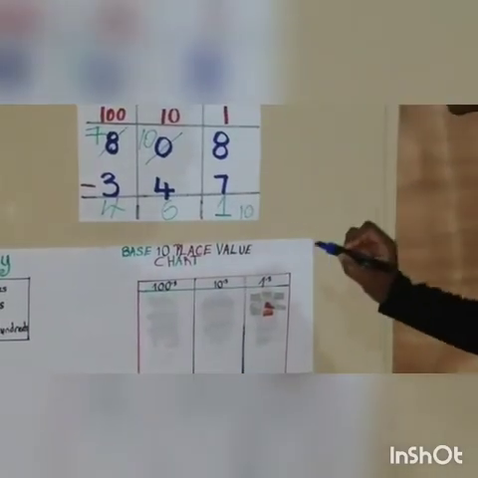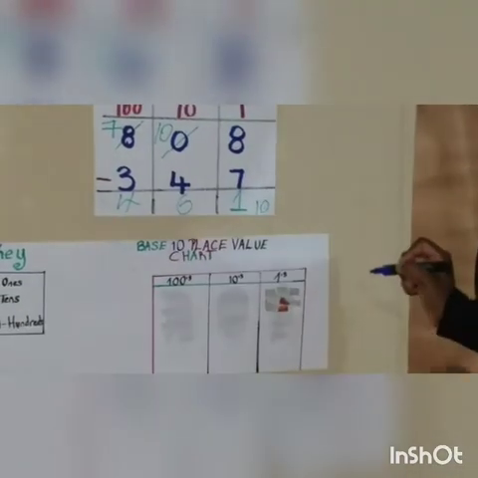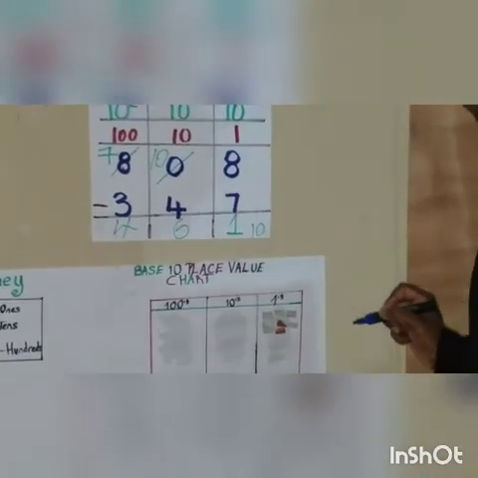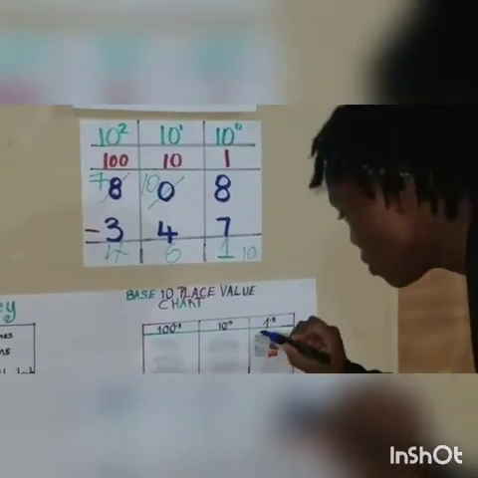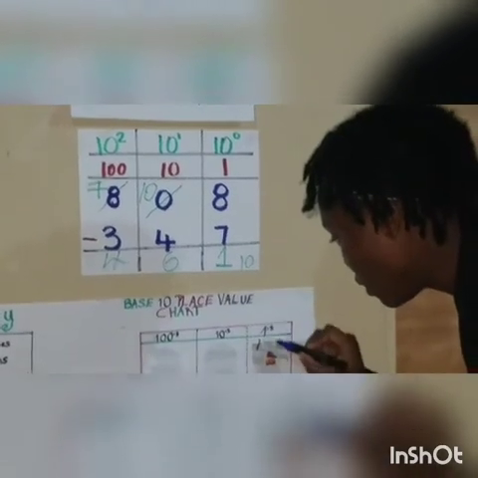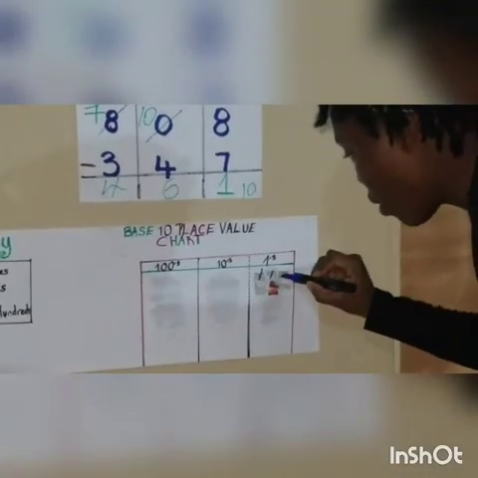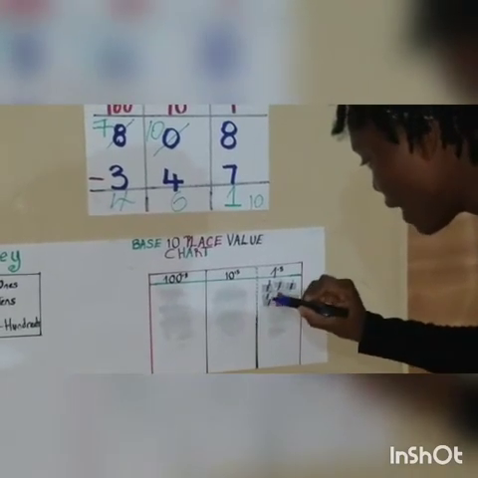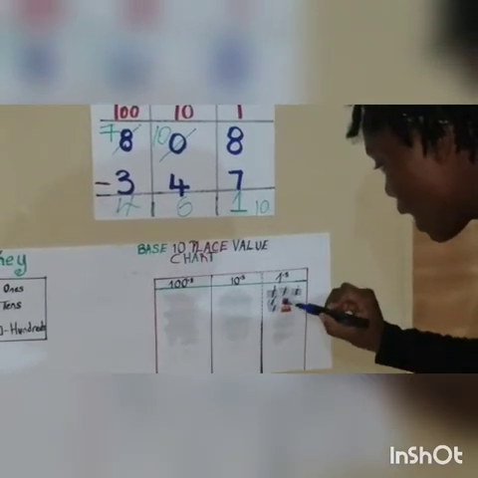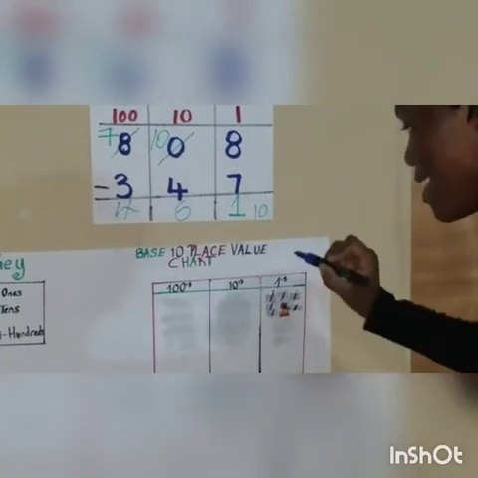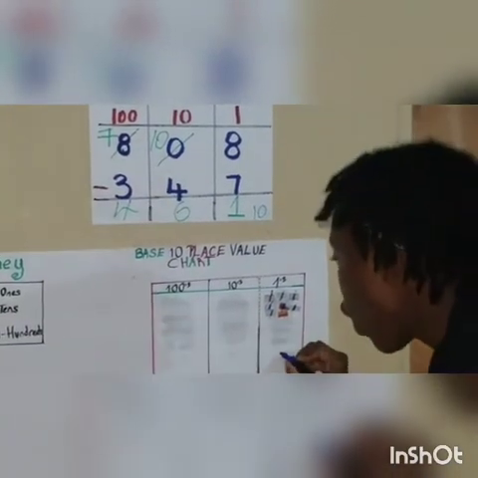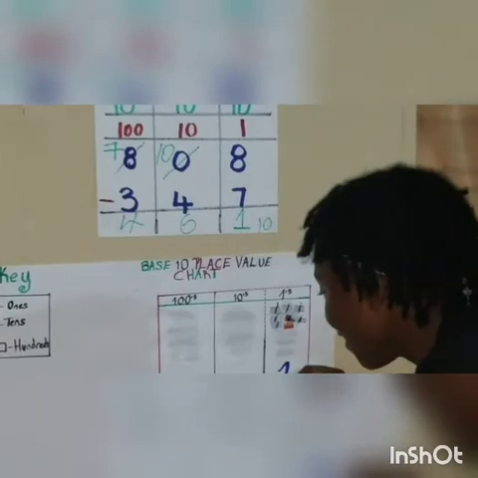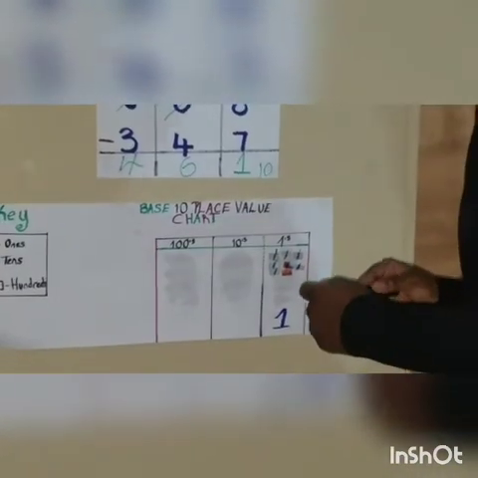So now you're going to count with me and we're going to take away 7 from the 8 down here. So it's 1, 2, 3, 4, 5, 6, 7. And now we are left with 1. Let's go over to our other side.